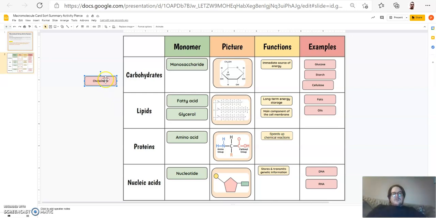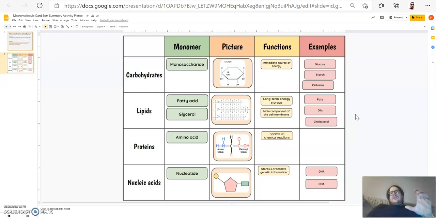Yep. Now, how do you know that? Do you remember the picture that we saw? Was it like one of those phospholipid bilayers, but arranged into like a circle or something? Kind of.